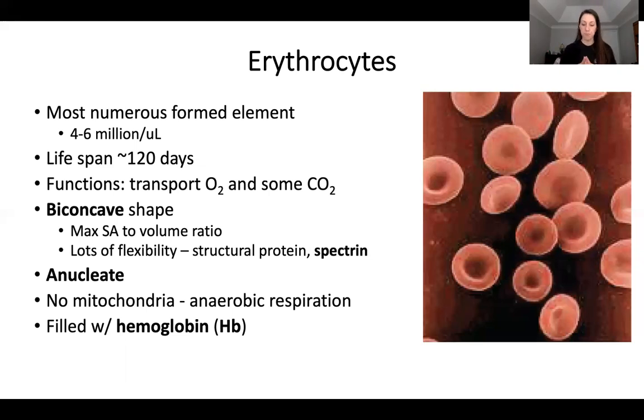So for the first bullet here that's talking about maximum surface area to volume ratio, when you're talking about the job of a red blood cell to carry oxygen, it's really important that that oxygen can get into the cell and out of the cell really easily, and that's happening through diffusion.